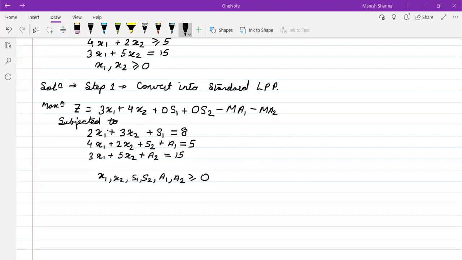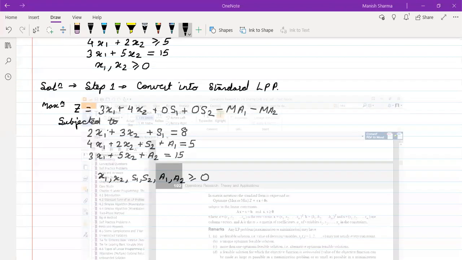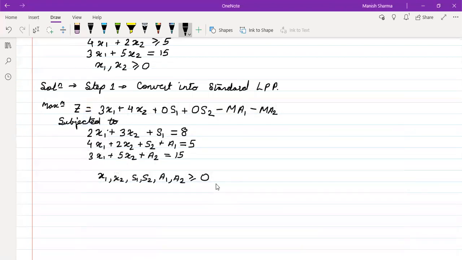Okay, in the next class, I'll try to give you a brief detail about the slack variable, surplus variable and artificial variable. I'll get their definitions. Actually, I thought that it might be in this book, but I think it is not in this book. So next time I'll bring it and we'll discuss them in detail. Okay.